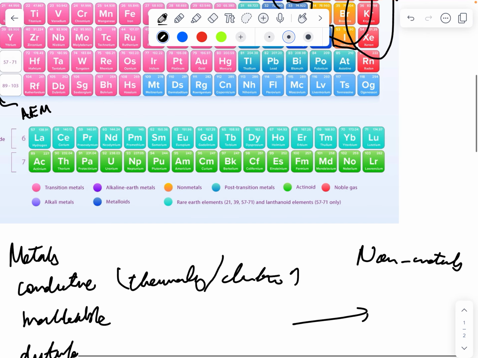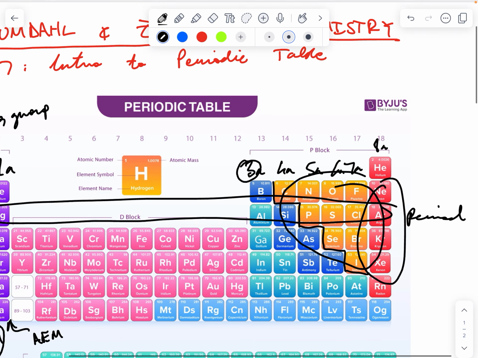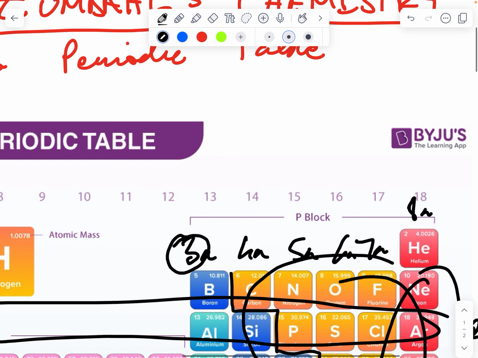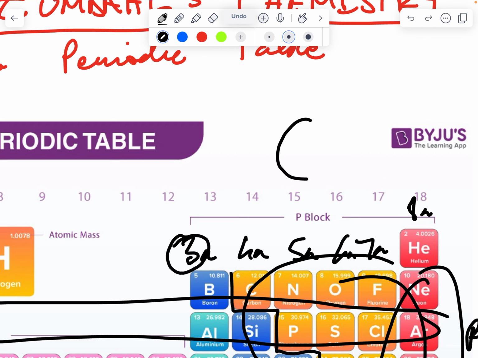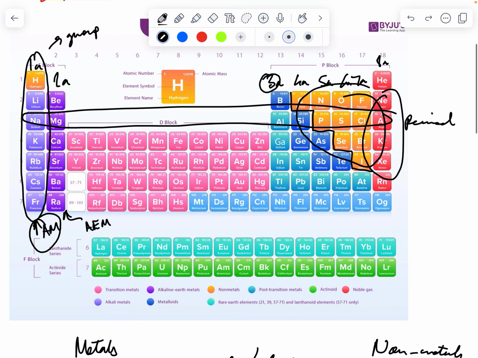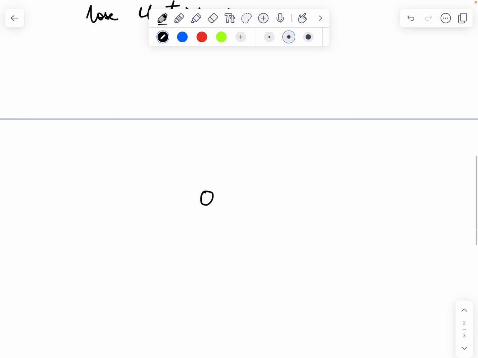I believe it's not Lewis dot structure. There's a name for this, maybe it's just the shell model. I don't know. Essentially, if you take something like boron, boron would have 5 protons, 5 neutrons, which I could make black.